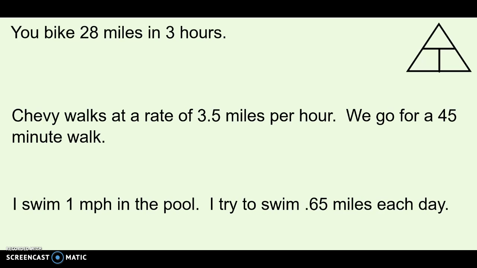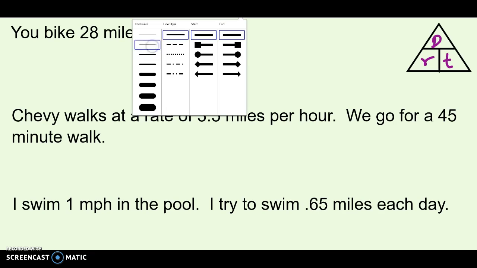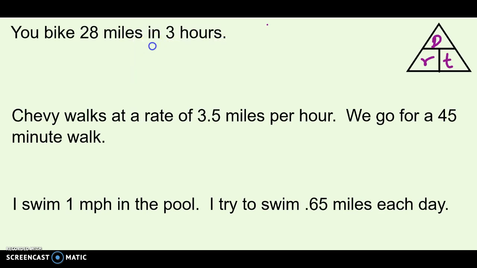Okay, here's a quick example. So DRT, here we go. Make my pen smaller. You bike 28 miles in 3 hours. Well, let's label this. 28 miles, that would be a distance. 3 hours, that would be a time. If I know distance and time, I'm probably trying to figure out how fast was I going. So write that down.